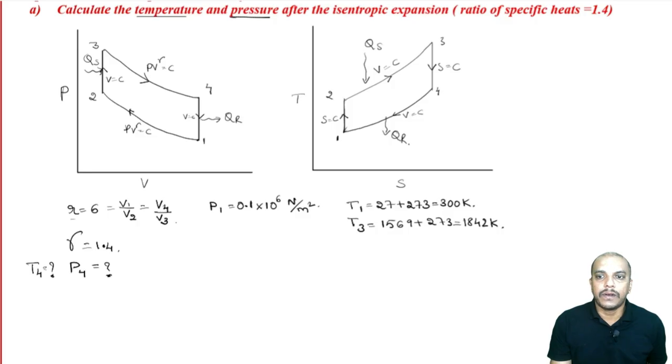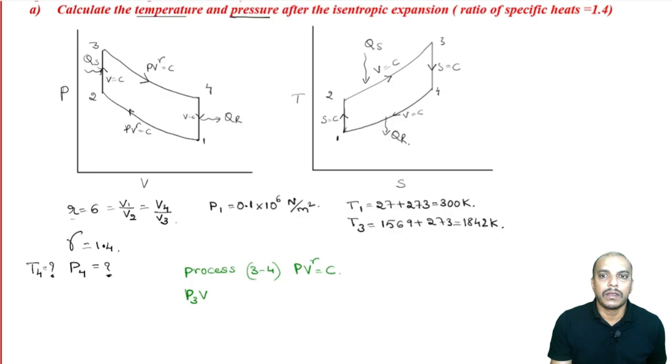Now, how do we do this? We have been given the value of R, that is the compression ratio. I think we will use the process 3 to 4, that is where we can get the values at 3 and 4, right. In process 3 to 4 we know that PV power gamma is equal to constant.